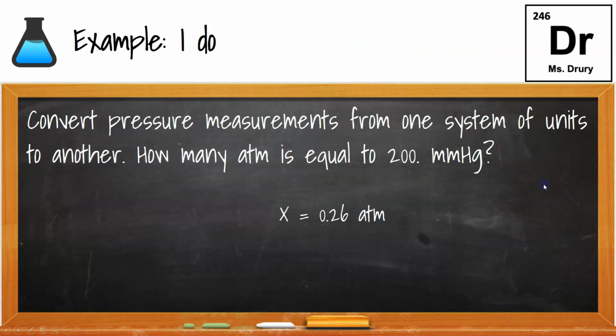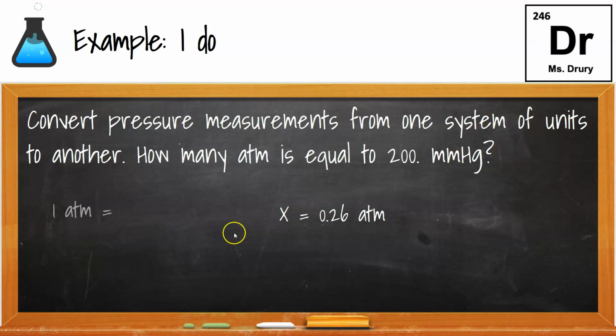That's lower pressure. We need to be able to convert the pressure between the two units that we've been using. The atmospheric pressure is 760 millimeters of mercury, also 1 atmosphere. So if the question says, convert a pressure measurement from one system of units to another, how many atmospheres are in 200 millimeters of mercury?